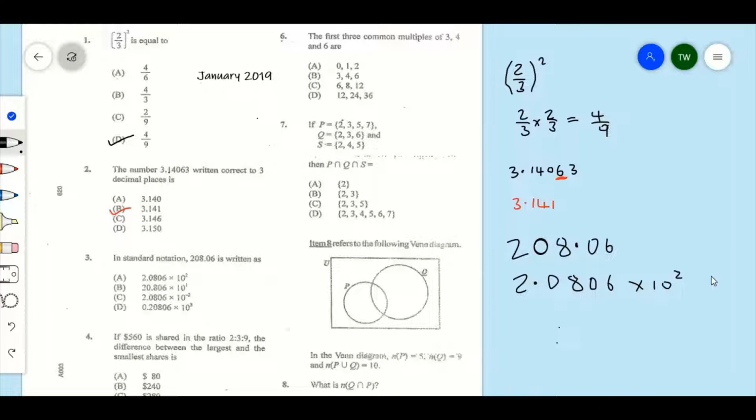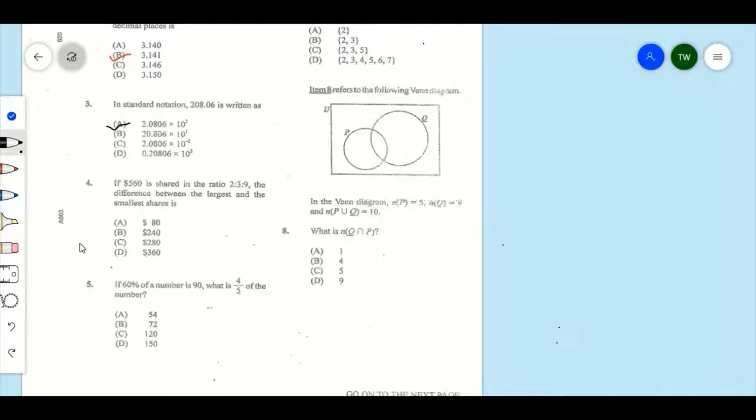So it would be positive 2. Alright? So your answer would be A in this case. Now to question 4.